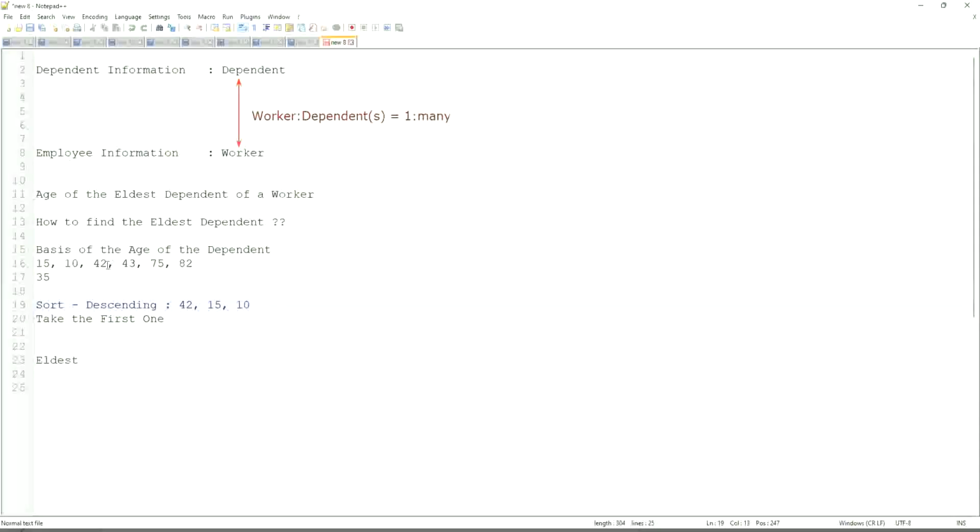Only one problem: if there are multiple dependents with the same age. If there are only children as dependents, and there is a twin the same age, then it becomes difficult, but other than that it is more or less foolproof.